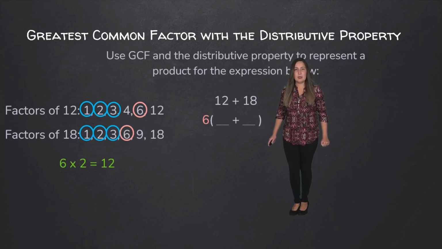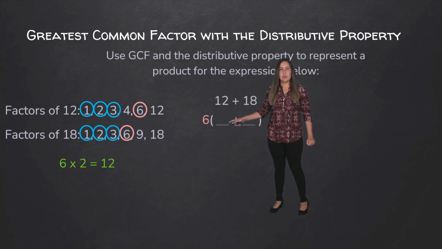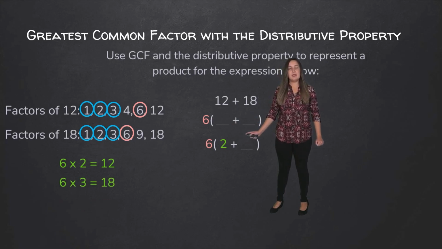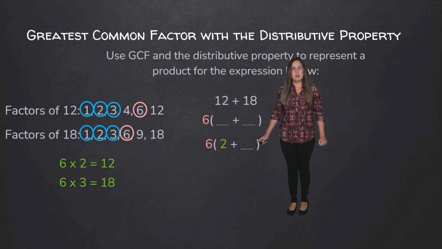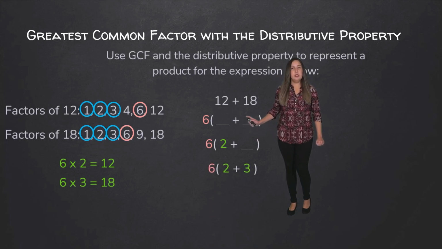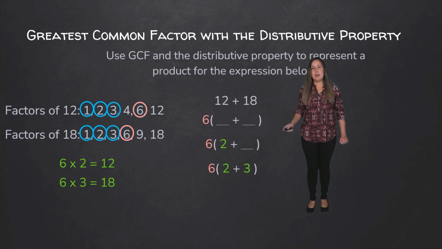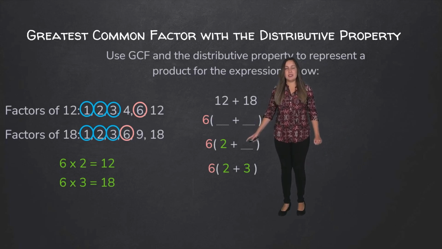So we know 6 times 2 is equal to 12, so on this first line, we're going to put a 2. And we know that 6 times 3 is equal to 18, so on the second line, we're going to put a 3. So 12 plus 18 should equal the same answer as 6 times 2 plus 3.